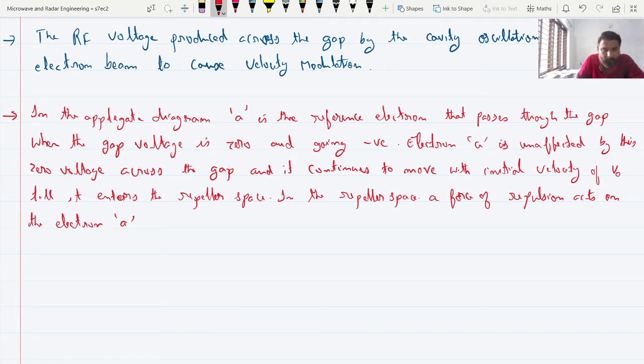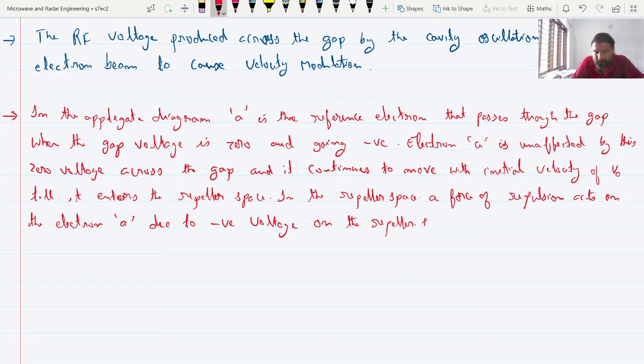Why? Due to the voltage on the repeller. Due to what voltage? Negative voltage. I will write that: due to negative voltage on the repeller.